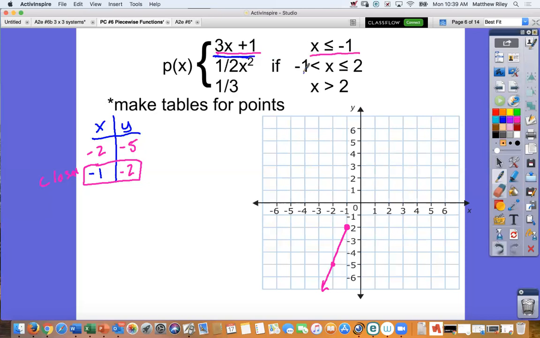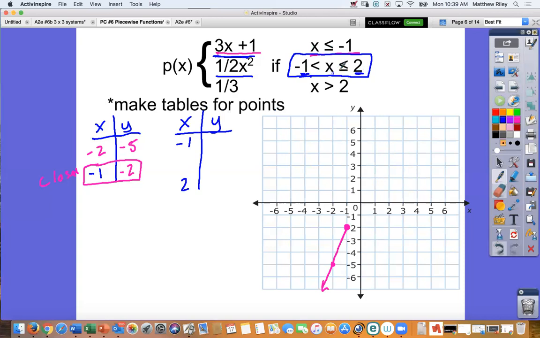Now this one gets kind of ugly, and you might need your calculator for this. I'm only going to pick 2 points for the second one. What 2 x values do you think I'm going to pick? Actually, I'm going to pick 3. I'm going to pick -1. I'm going to pick +2. So I have to choose them both.